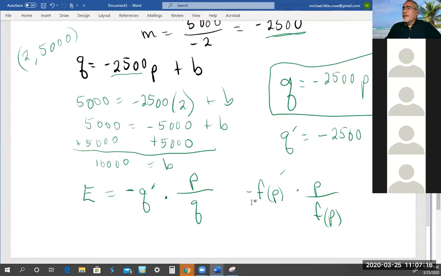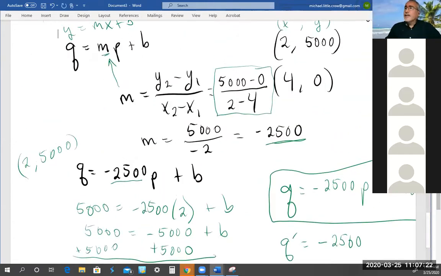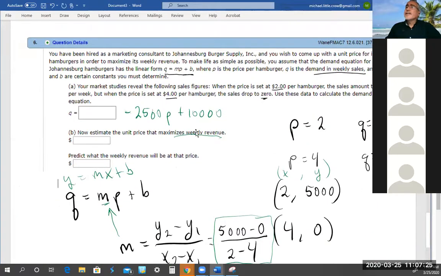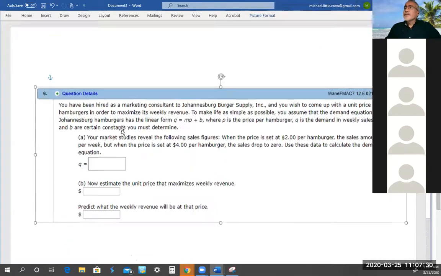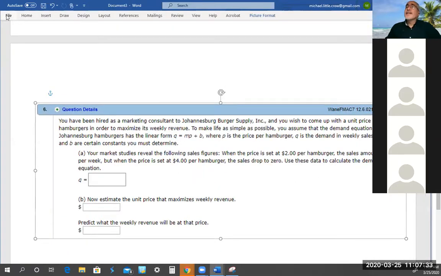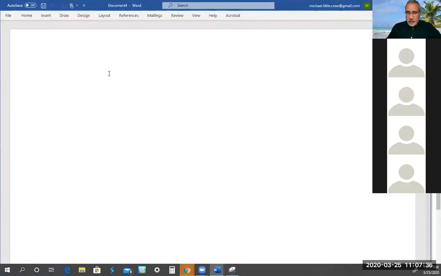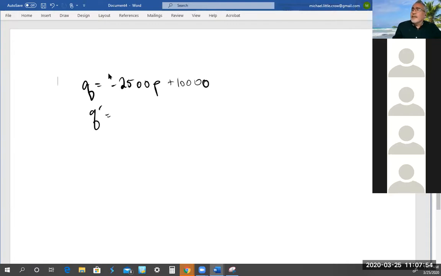Okay, so what we're going to do is we'll calculate this function here. So we have $1,000, and the derivative of Q is minus 2,500.